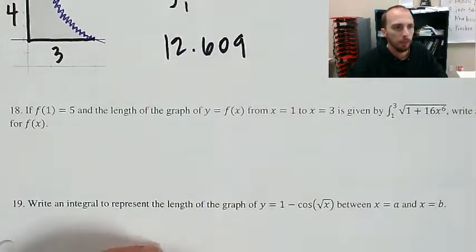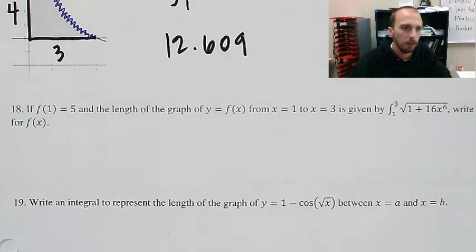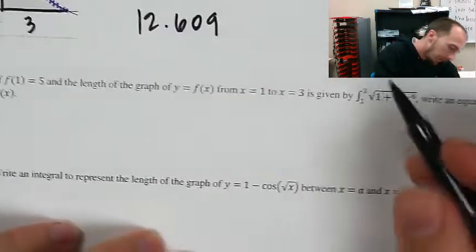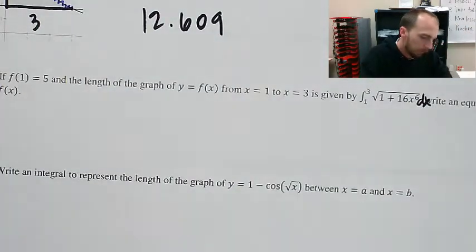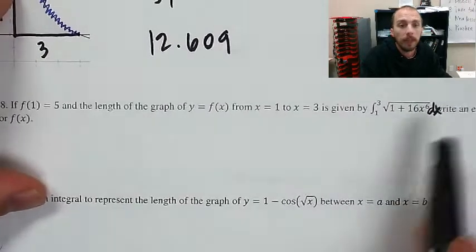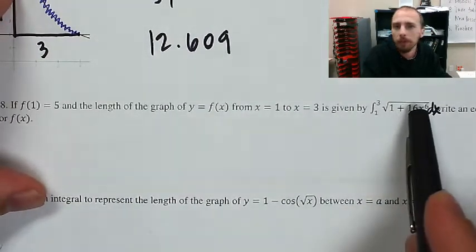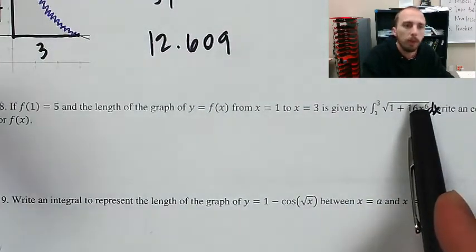Right, if f of 1 is 5 and the length of the graph of f from 1 to 3 is given by that integral dx, write an equation for f of x. Okay, what this is telling me is that this thing right here is related to the derivative. If we think about the arc length formula, it's 1 plus dy/dx squared.